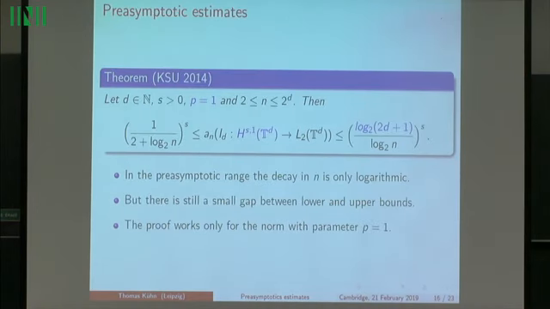So now the pre-asymptotic case is as follows. In a paper with Winfried and Tino, we got for the norm with parameter p equal to 1 a two-sided estimate of the embedding of H^s into L2 in this pre-asymptotic range, and the bound now is logarithmic in n. It's log n to the minus s.